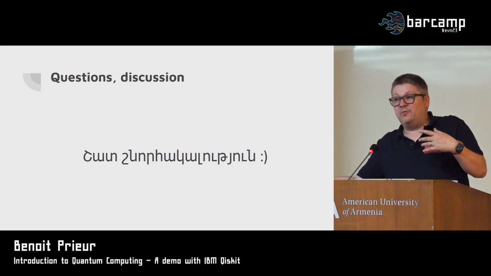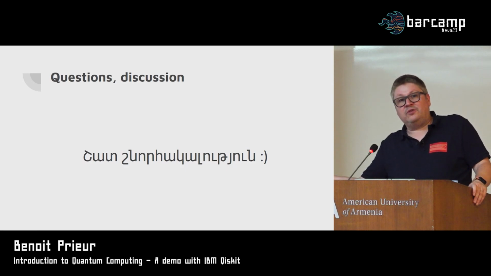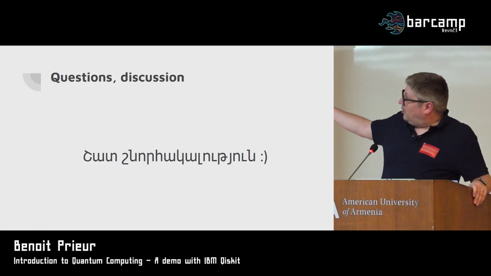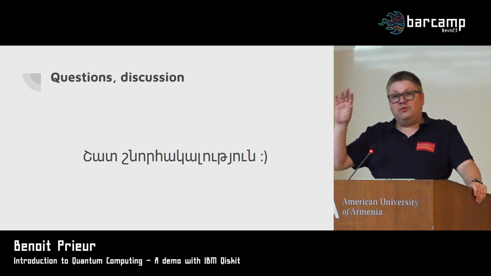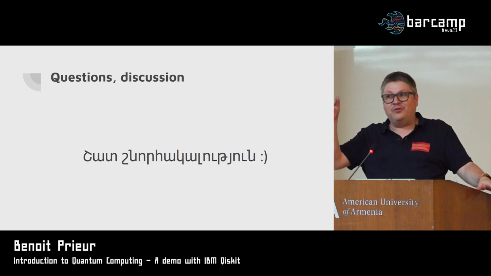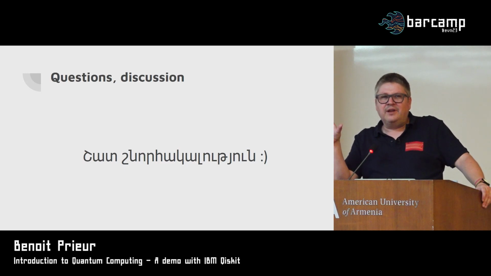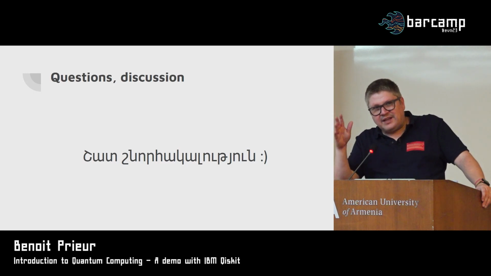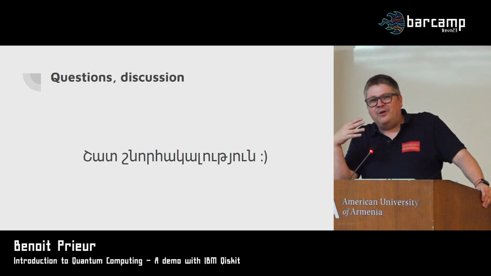So a good way to learn is to use a simulator, because with IBM Qiskit, the algorithm knows everything and knows the current superposition. You can know exactly what happens at each step, and you are not supposed to know that if you were working with a real machine.